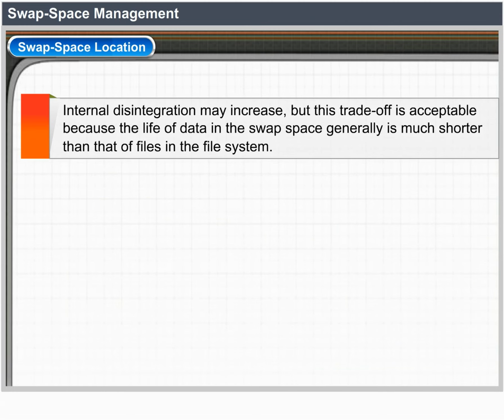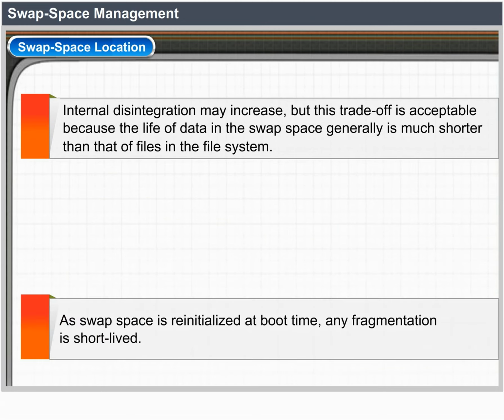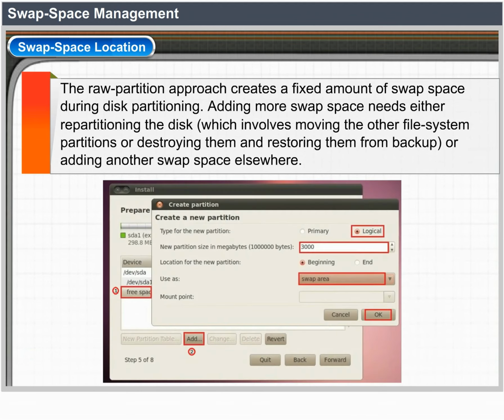The raw partition approach creates a fixed amount of swap space during disk partitioning. Adding more swap space requires either repartitioning the disk, which involves moving the other file system partitions, or destroying them and restoring them from backup, or adding another swap space elsewhere. Some operating systems are flexible and can swap both in raw partitions and in file system space.